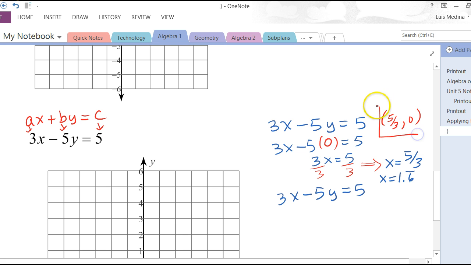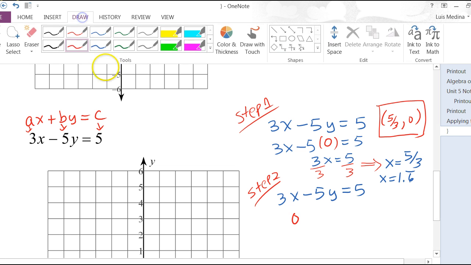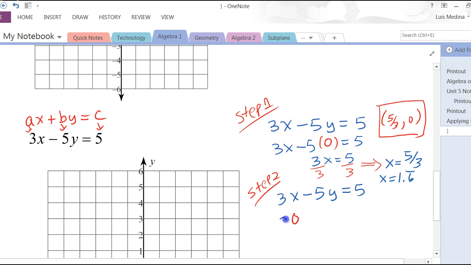So that's my x-intercept. So that's step 1. And then I'm going to write the next one, step 2. Okay, so now I want to find my y-intercept. So I'm going to make this 0. And just copy everything down.